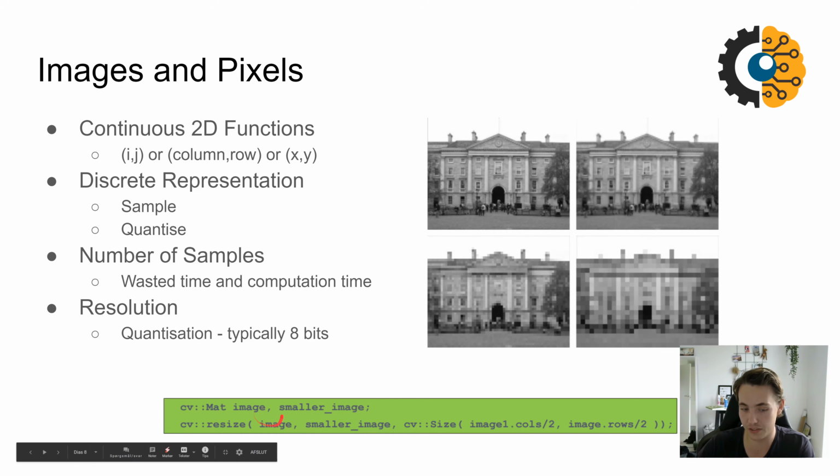It could be the same image, but then it will not know the previous one. And then we need to give it a size. In this case, we're taking the columns of the first image and then half of it, so we're halving the resolution of this picture.